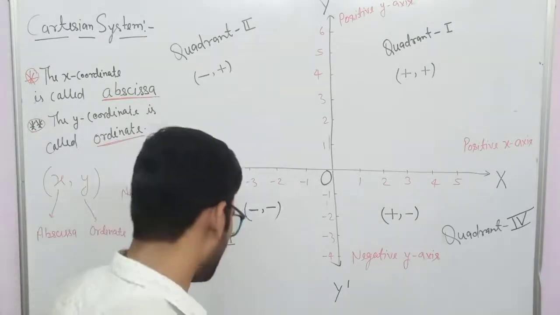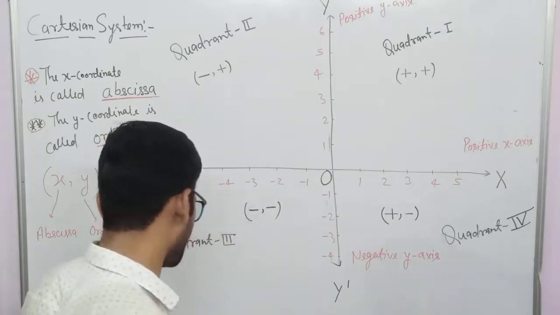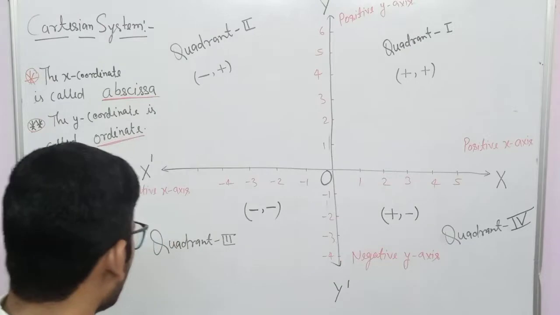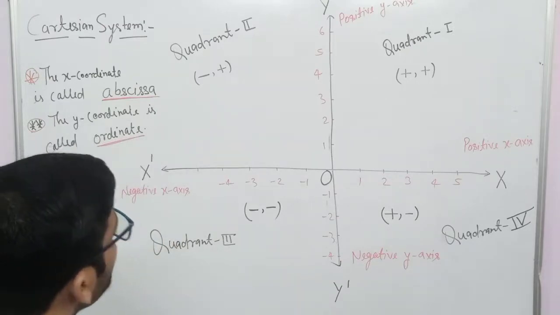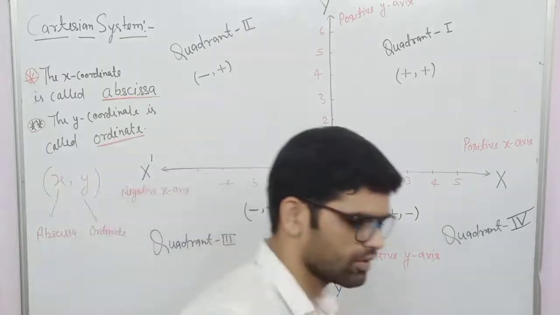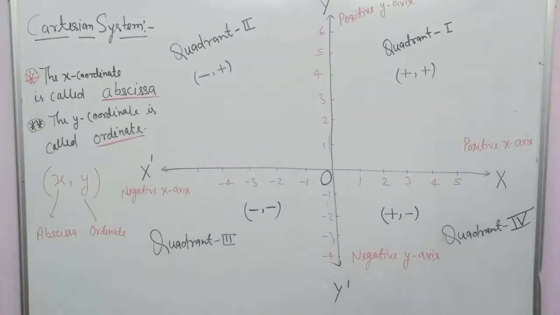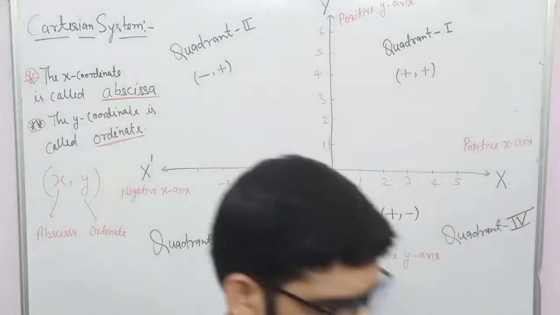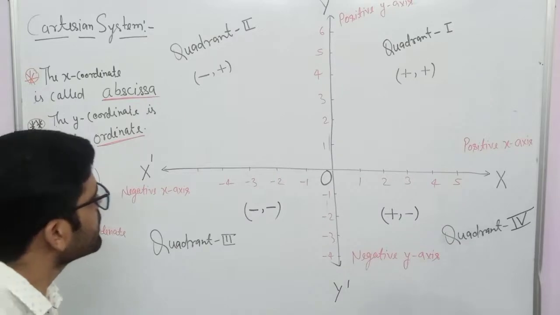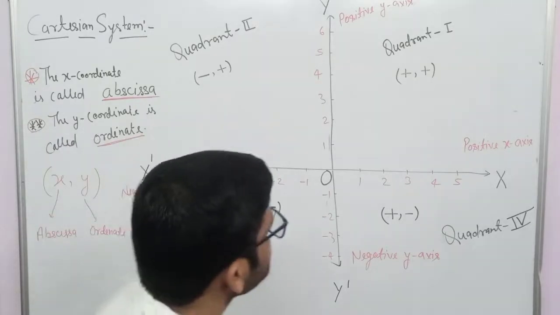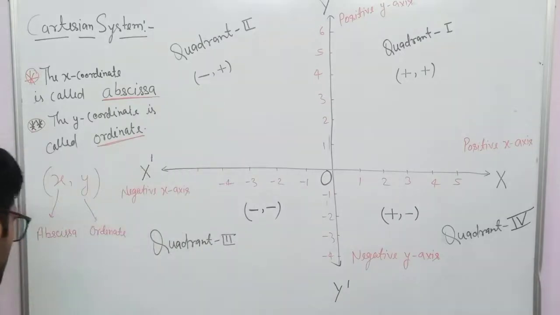And now the basics of coordinate geometry are complete. Now some questions from your exercise 3.2. In the first video we completed exercise 3.1, and in this video we want to complete exercise 3.2.